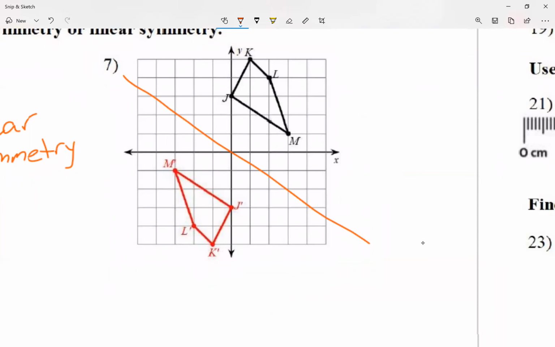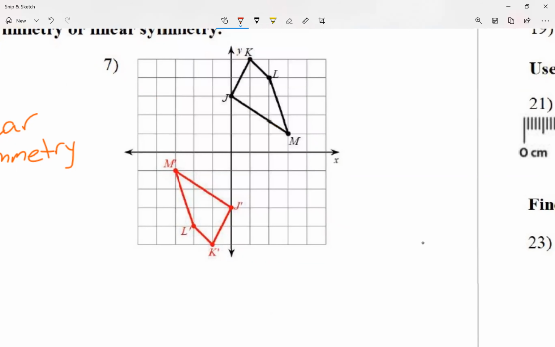Let me see that, I'm checking. I see here's M, but I see here's M prime. If I was actually getting linear symmetry, M prime should have been somewhere over here, right? Just on the other side of the line, not just somewhere else. So I'm gonna say, nope, this is not linear symmetry.